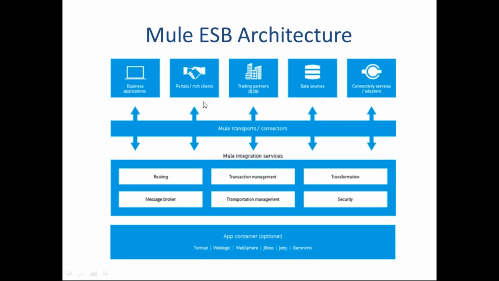Or some portals or rich clients, or any trading partners might be sending some EDI formats, but your ESB is able to understand and send it to the end system, do some routing, transformations, apply some security, and send it to the destination systems.